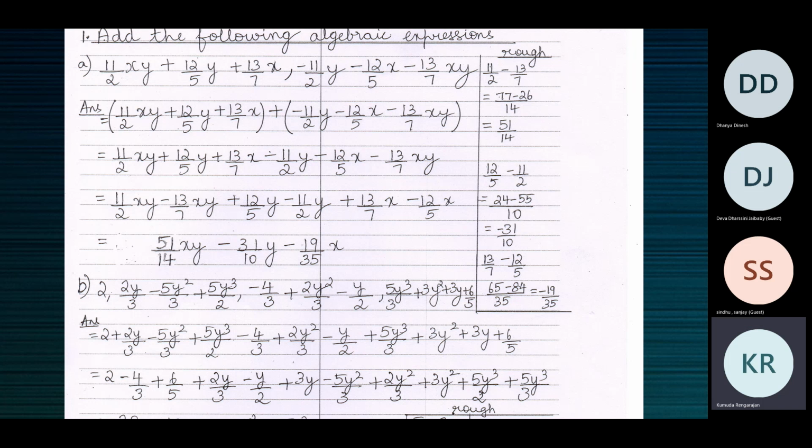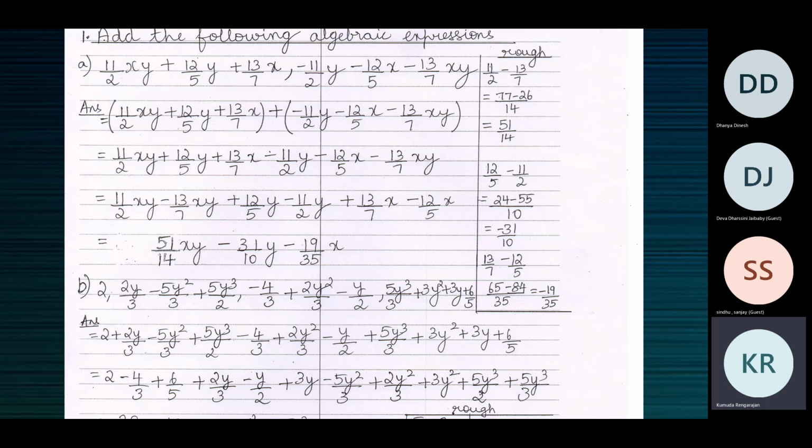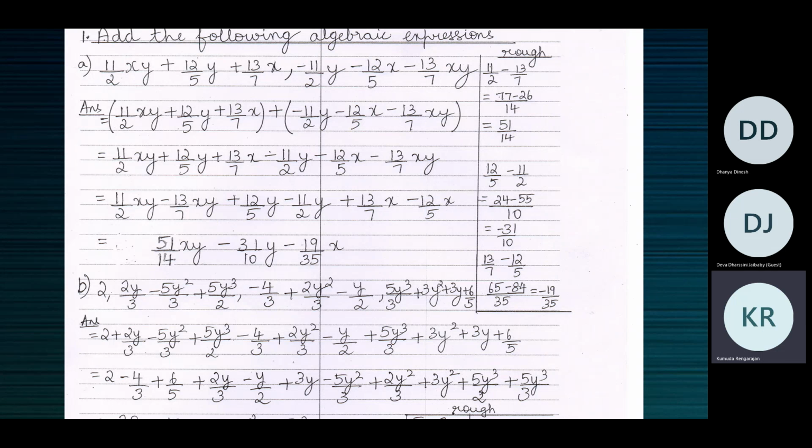Similarly, minus 13 by 7xy is like 30, and that can be written as minus 13 by 7 into x into y. So they are the different factors of the expression minus 13 by 7xy.